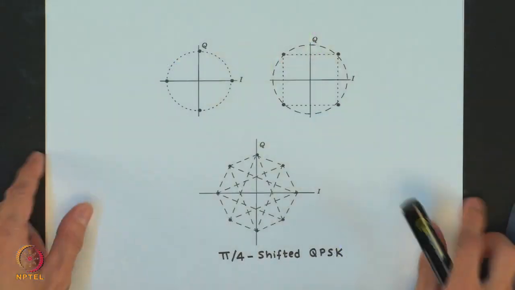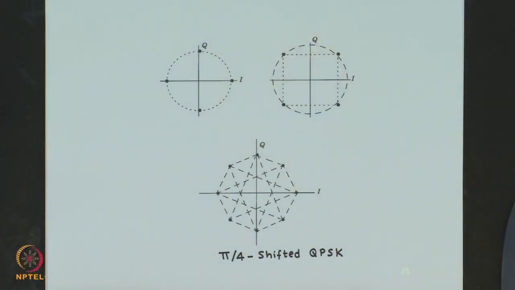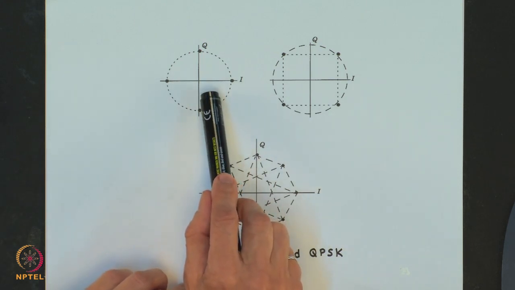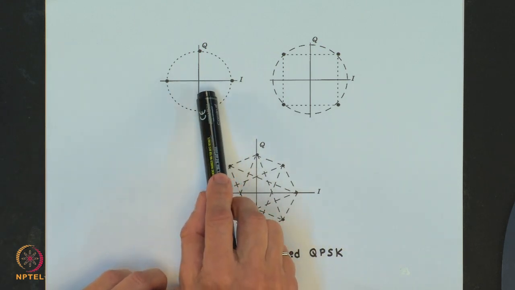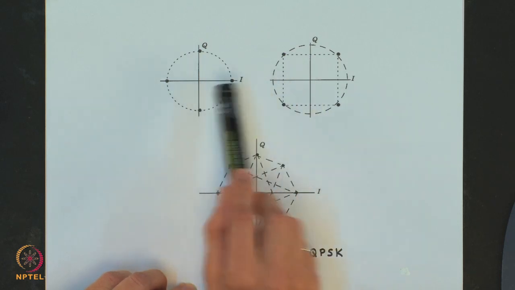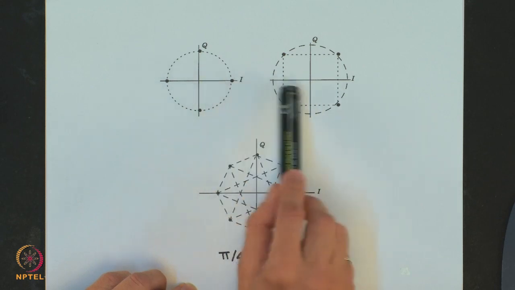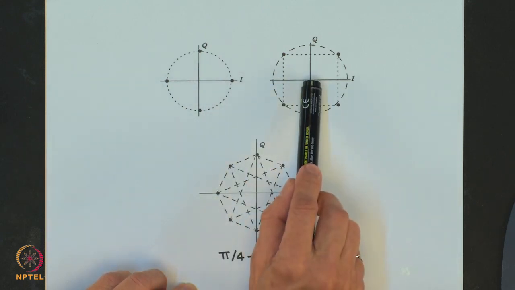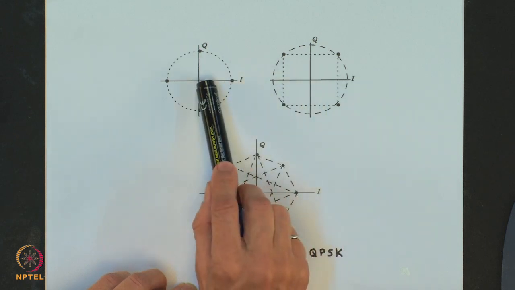what is known as pi by 4 shifted QPSK. Now, an ordinary QPSK signal may reside in either one of the two commonly used constellations which are shown in this figure. Correct? This is shifted by pi by 4 radians with respect to this.